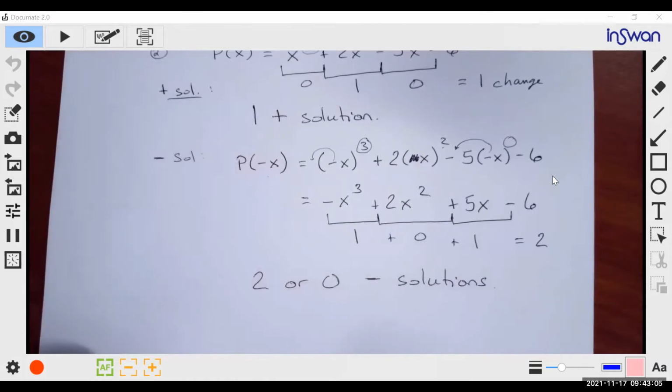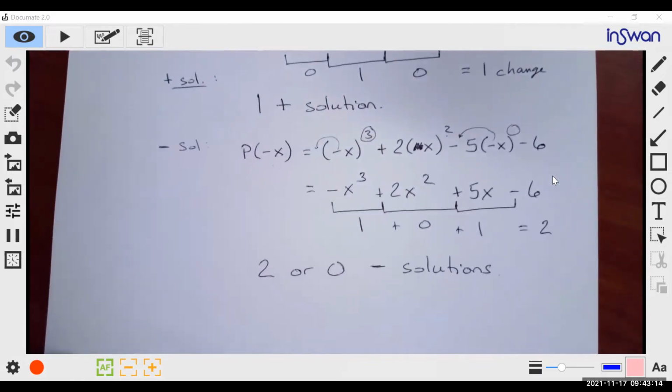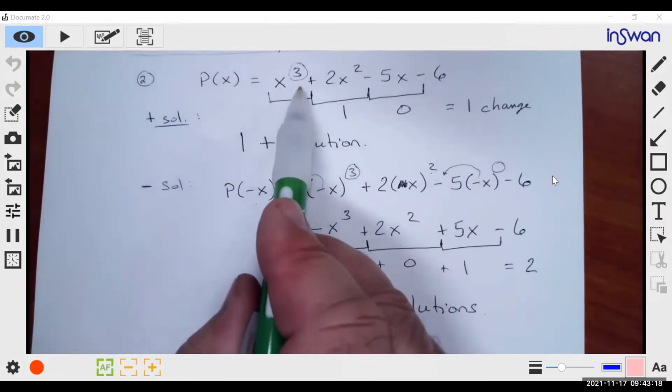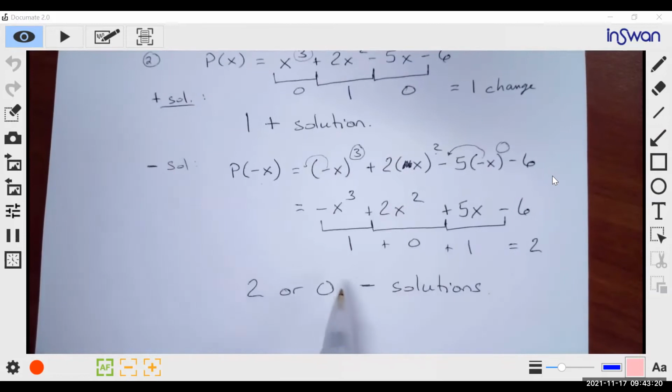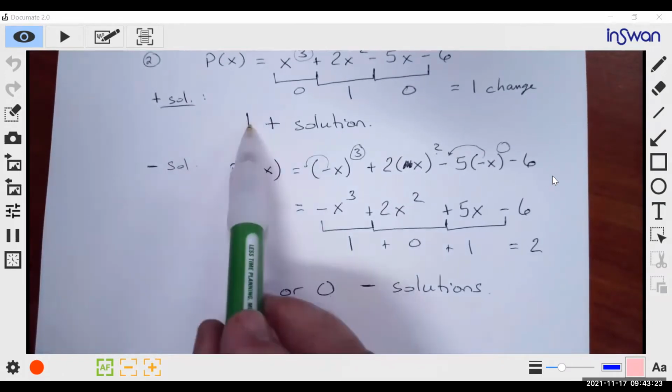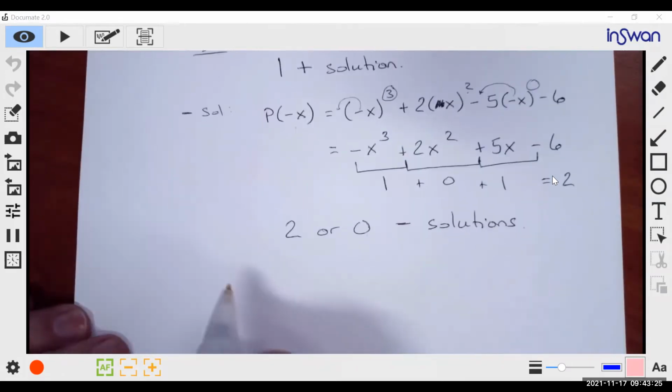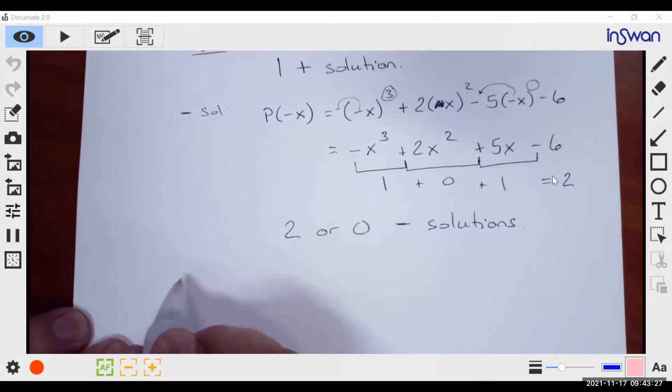Why is it 2 or 0? Very good, yes. If we have 2 negatives and 1 positive, that takes care of our three factors. But if it's no negatives and 1 positive, the last 2 will be the special operations.